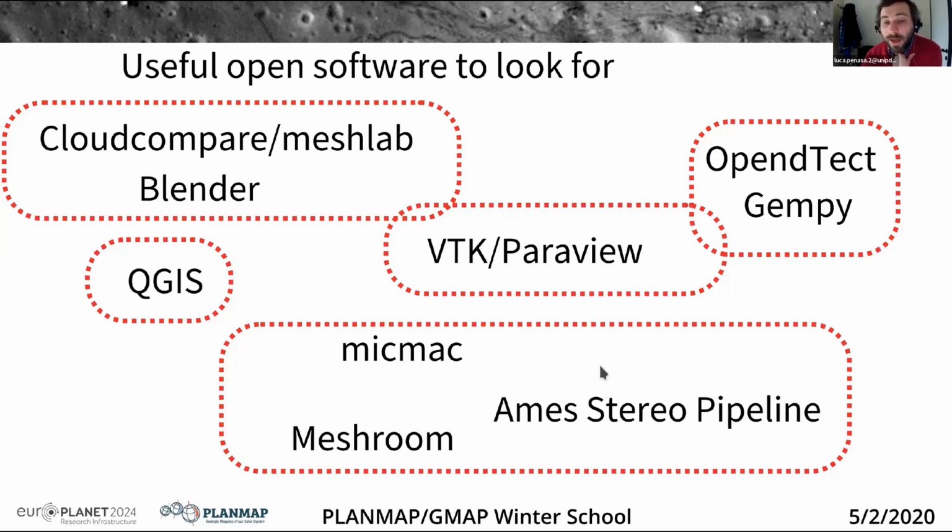Of course, the king is the Stereo Pipeline, but it's a little bit difficult to use if you just want to play around with 3D models and, let's say, take some pictures with your phone and create a 3D model. You can have a look at Meshroom, which is open also, and it's very easy. So I would like to end the talk here. And of course, we are happy to have questions.